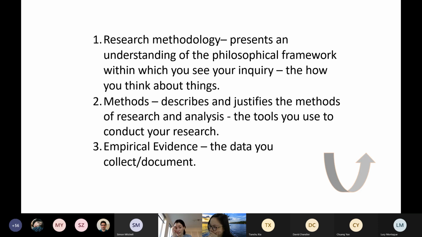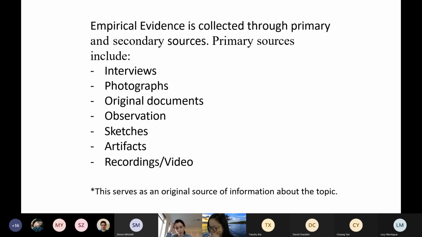The empirical evidence is the data that you collect and document, that you will later combine in your empirical chapters. Empirical evidence is collected through primary and secondary sources. Some primary sources include interviews, photographs, original documents, observations, sketches, artifacts, recordings, video.